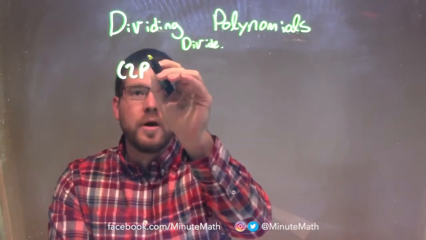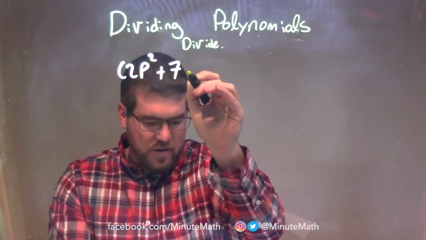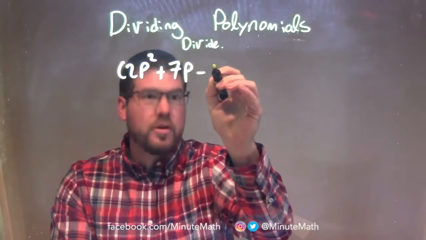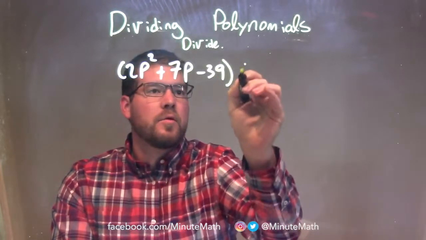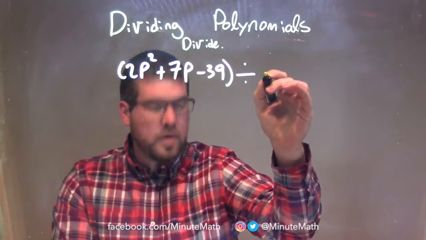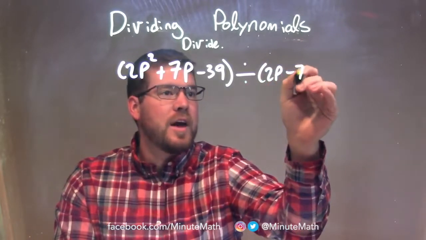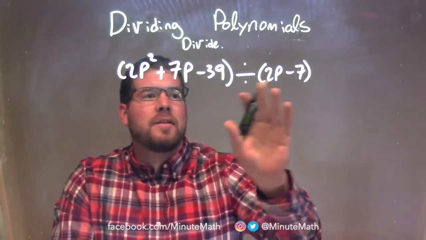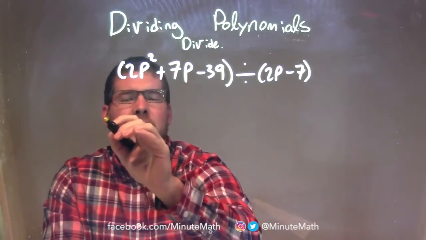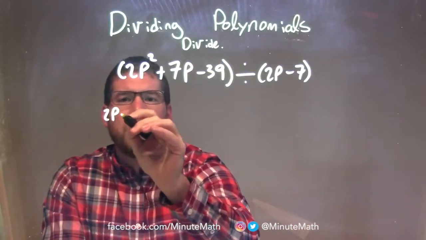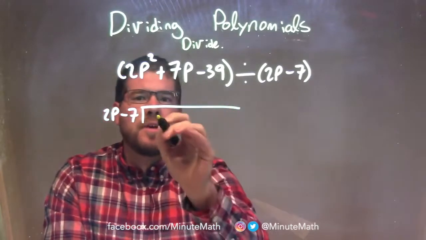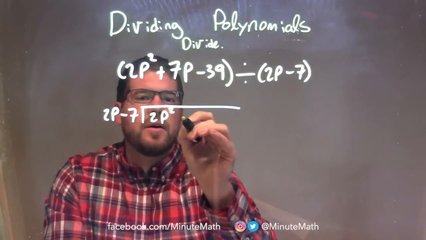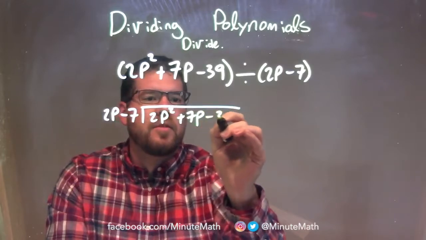2p squared plus 7p minus 39 divided by 2p minus 7. What I'm going to do is set up my divisor and my dividend. This is long division, so I have 2p minus 7, my divisor, into my dividend, 2p squared plus 7p minus 39.